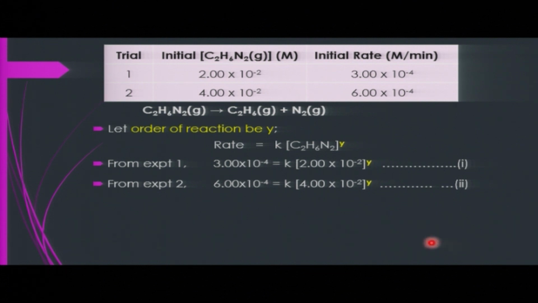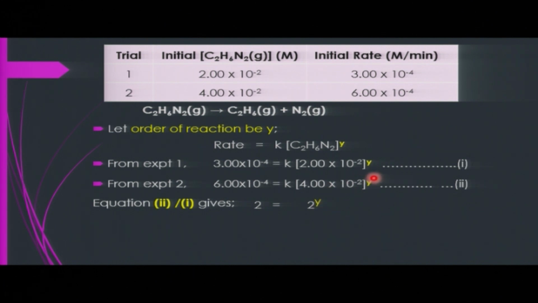So how can we get Y using your math knowledge? You have this and this. Similar values, the difference now is the concentrations. So if we divide equation 2 by equation 1, we can get Y, can't we? This is what we would get. Using your calculator, this directly gives us a 2, and this gives us a 2.